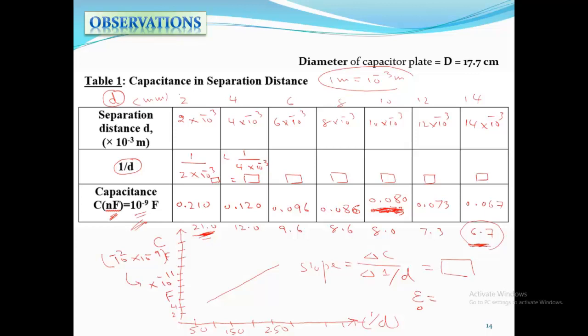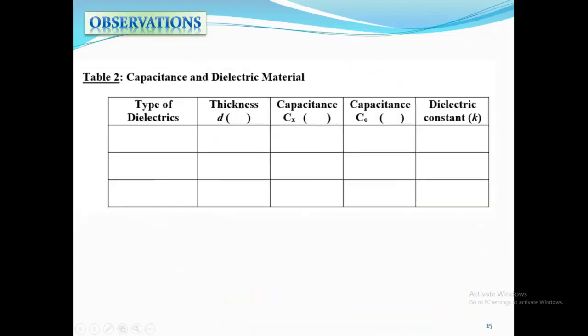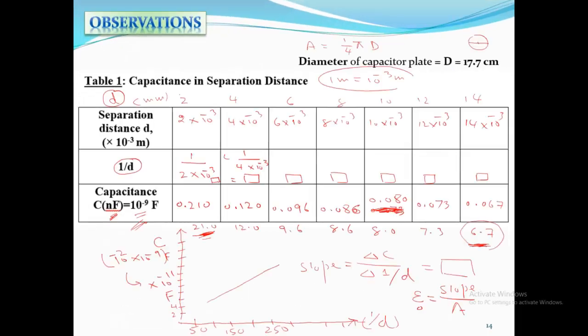Unknown in the sense you are going to calculate. This will be slope divided by the area. I told you how to calculate the area. You simply need to measure the diameter of the plate, and then use the rule area is equal to 1 by 4 pi d square. Okay, pi d square, this is the area, and here you will use the area.